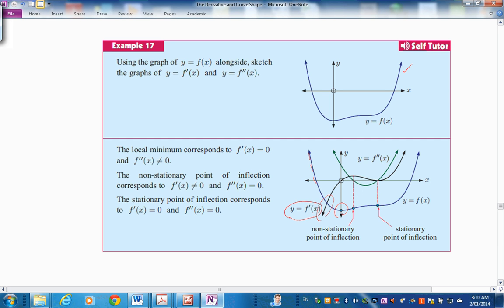The function has a turning point, so derivative has to go through the x-axis. It's got a point of inflection, so that's the most positive that the slope takes before coming more negative, and then there's a stationary point there, but it stays negative slopes all through there then.